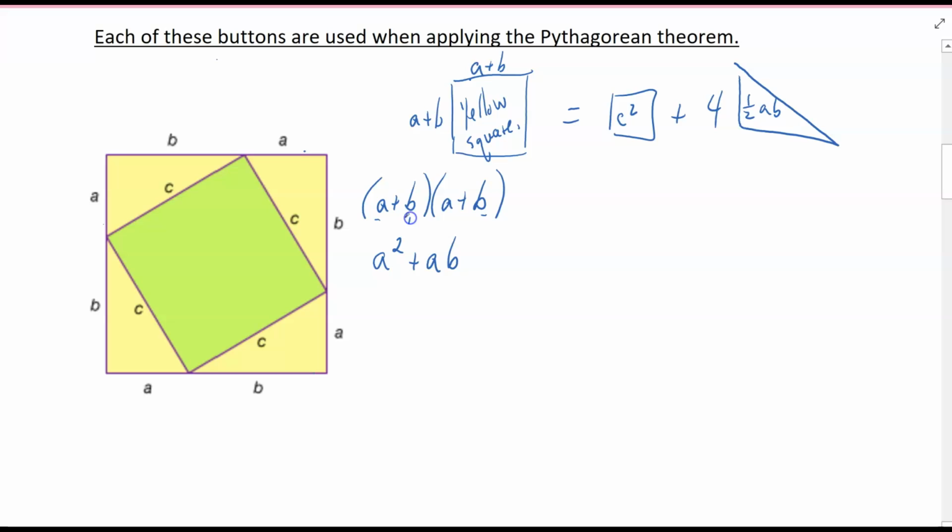Now I'm moving on to the b. b times a is ba, which is also the same as ab. And b times b is b squared. And this will be equal to, we're assuming it's equal to, we are checking this, okay? The area of the green square, which is c times c or c squared, plus 4 times 1/2 ab.